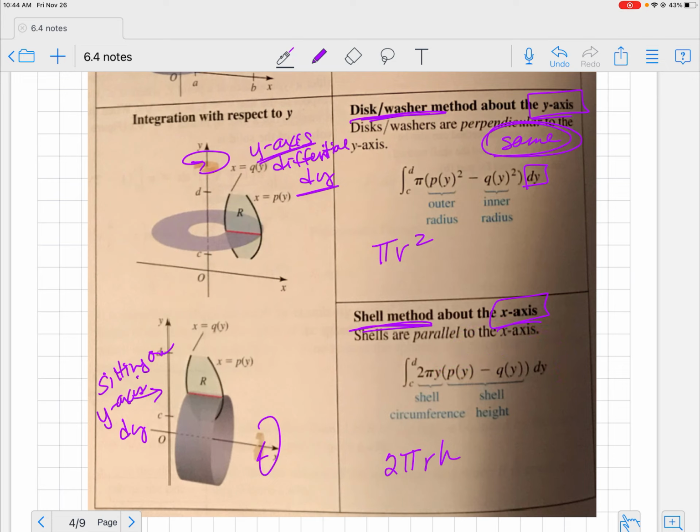Whatever your differential is, that is what your whole function is set up in terms of. Okay, that's the key. Disc washer method, same axis, same differential. Shell method, revolving around the x-axis, your differential is in the other variable. Okay, good. Now let's look into that a little bit more here.